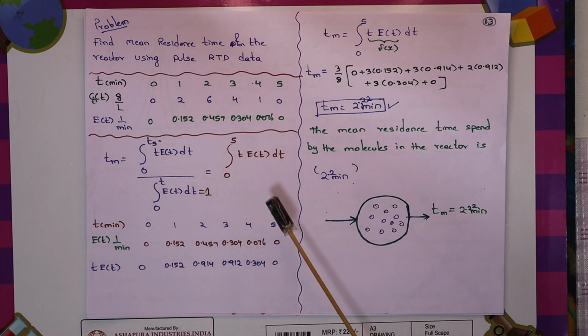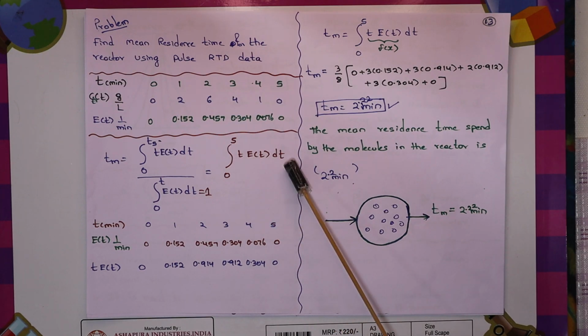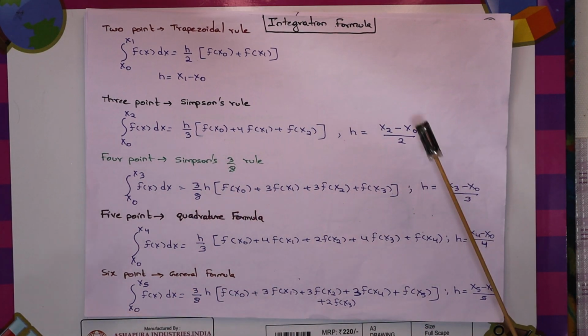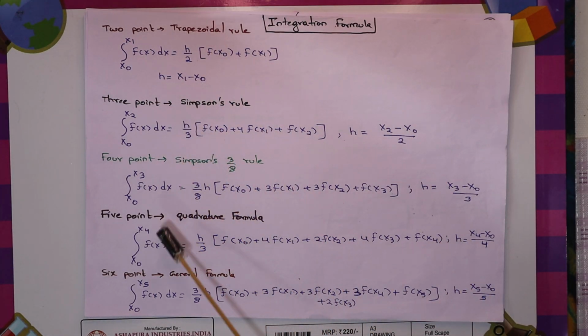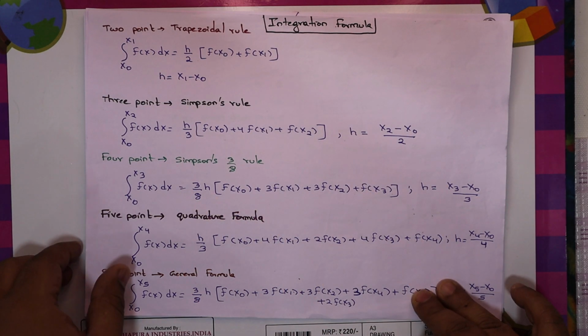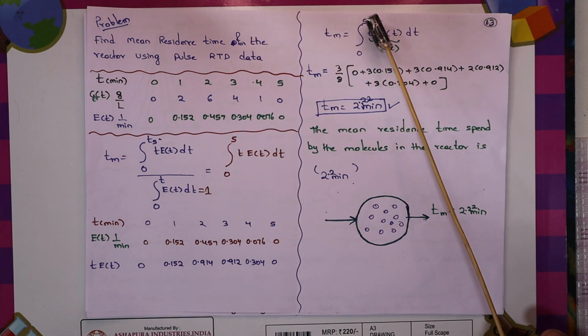Now I have to apply the integration formula, where t into E of t is my f of x, and dt is equal to dx. Every time I show these integration formulas, whether it is a 2-point, 3-point, 4-point, 5-point or 6-point formula, I apply these integration methods to evaluate the integration. Here I have 6 points, 0, 1, 2, 3, 4, 5.